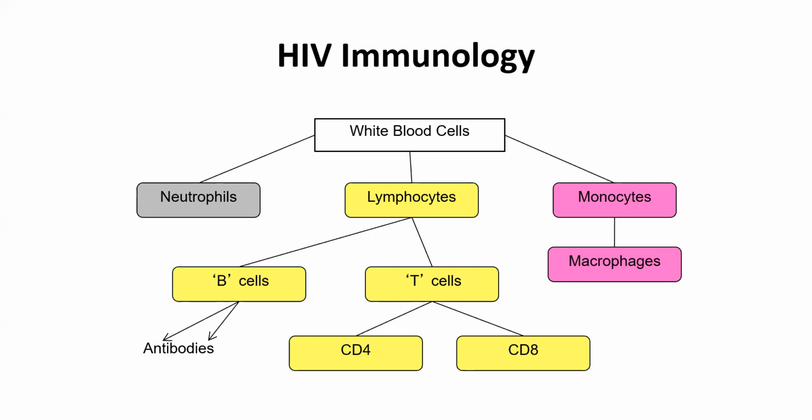We've got neutrophils, monocytes, macrophages, and lymphocytes, and they have different roles and functions within the body. But we have special cells which we call lymphocytes, and we have 2 types of lymphocytes: B cells or B lymphocytes and T lymphocytes.